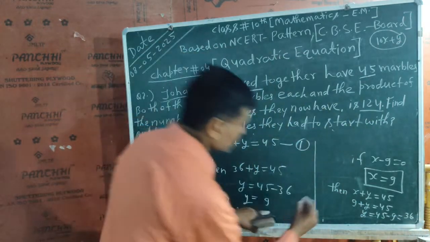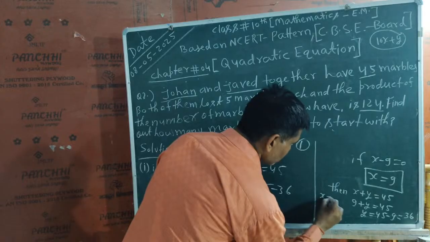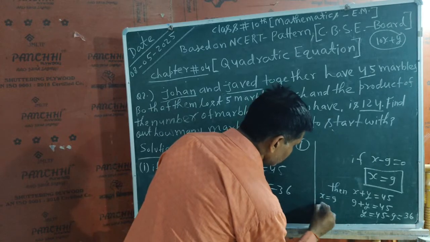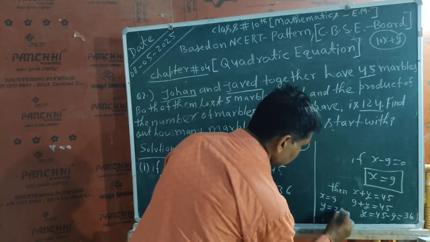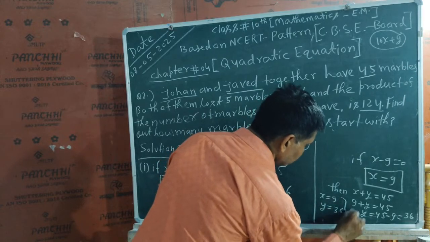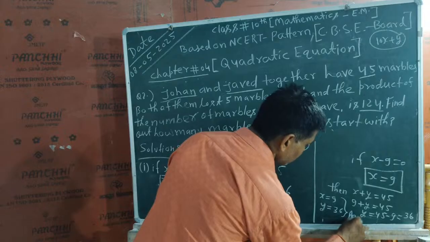So in other words we can say that x is equal to 9, so I will get the value of y is equal to 36. So this is the second answer of this question.